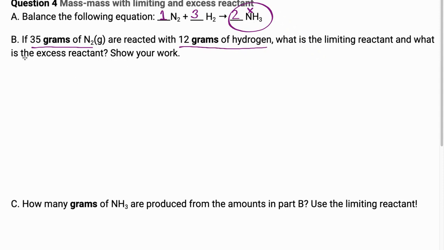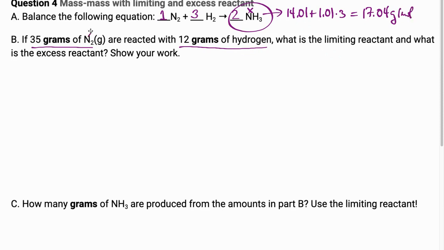So we need some molar masses. I'm going to find my molar mass of NH3. That's 14.01 plus 1.01 for hydrogen times 3, and we get 17.04 grams per mole.